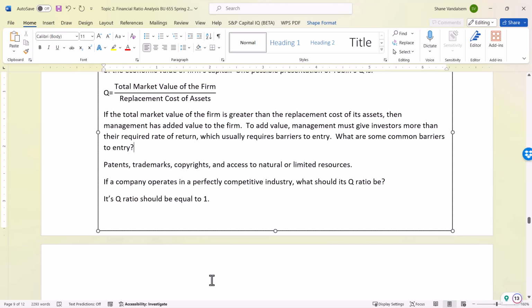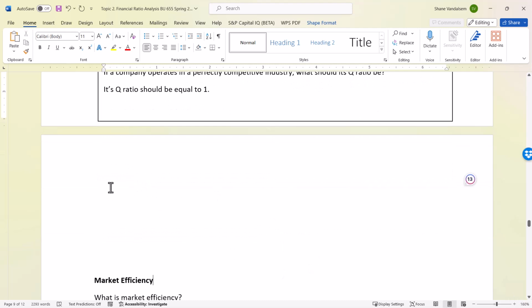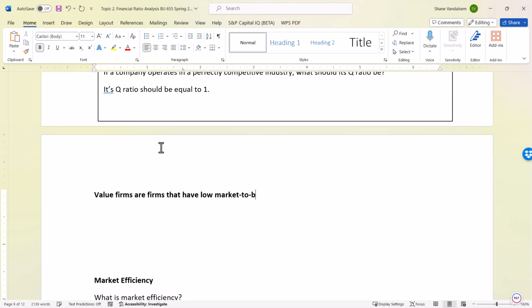Just one last little note here about the market to book value ratios. If you get into investing, you might hear value versus growth. So a value company is a company that has a low market to book ratio, or price to book ratios. Growth firms are firms that have high market to book value ratios.